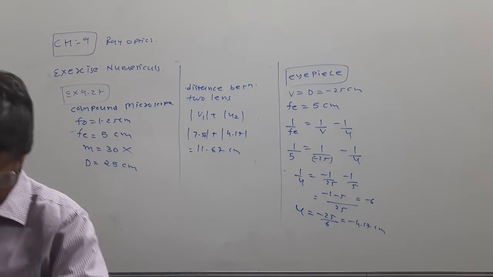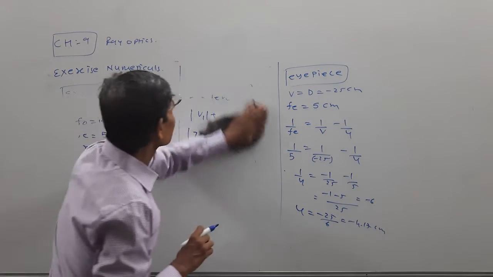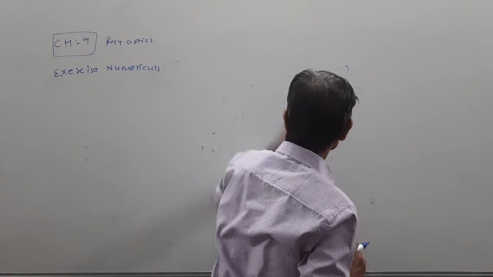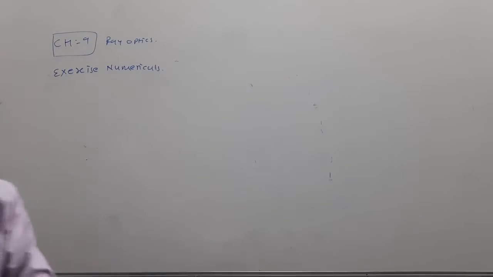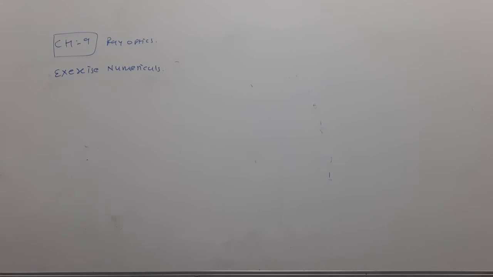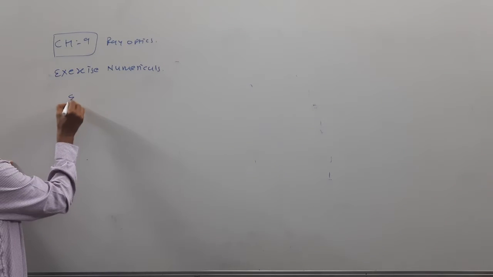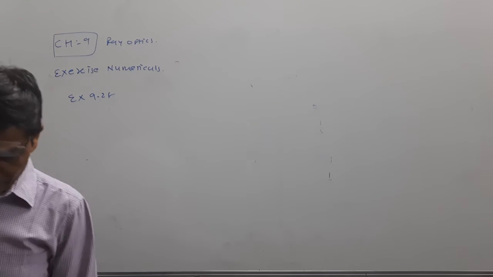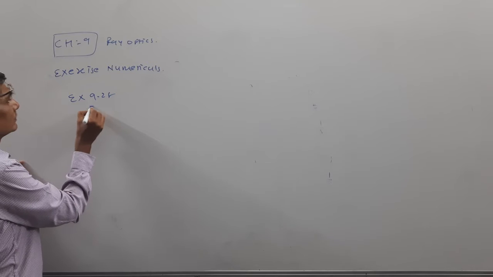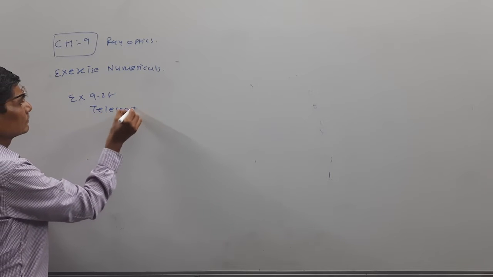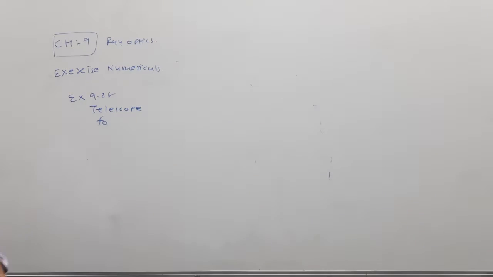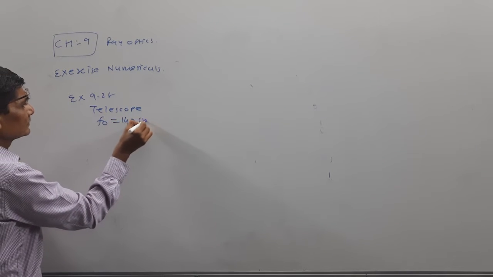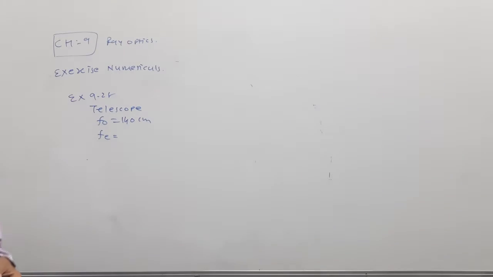Now next is related to telescope. Next is exercise number 9.28. Now see, a small telescope has an objective focal length given as 140 centimeter and the eyepiece is given as 5 centimeter.